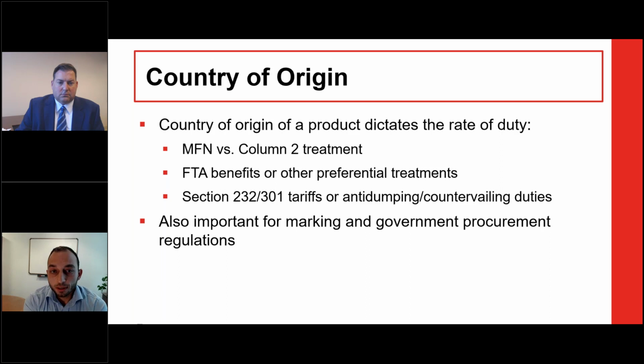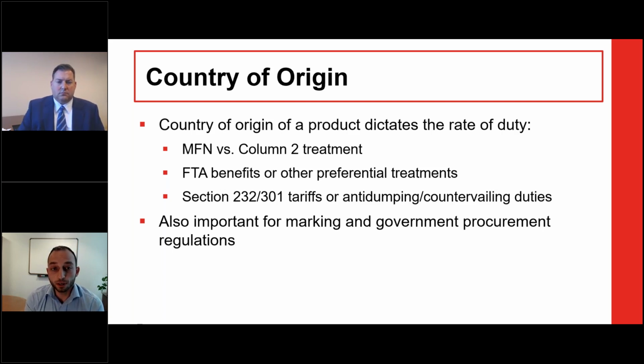Country of origin is another important concept that almost always daily comes up in import operations. So the country of origin also, just like classification, dictates the rate of duty, because based on the country of origin, you may need to apply and assess column 2 treatment for a product.